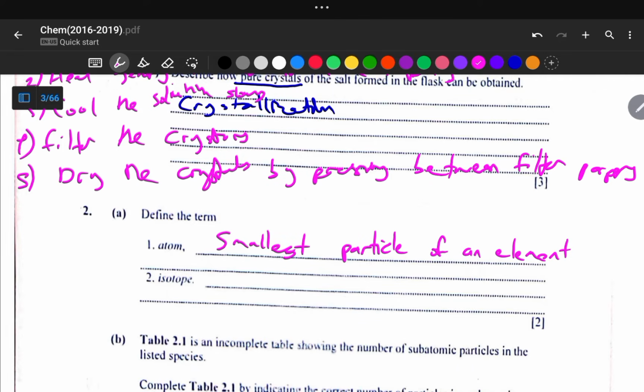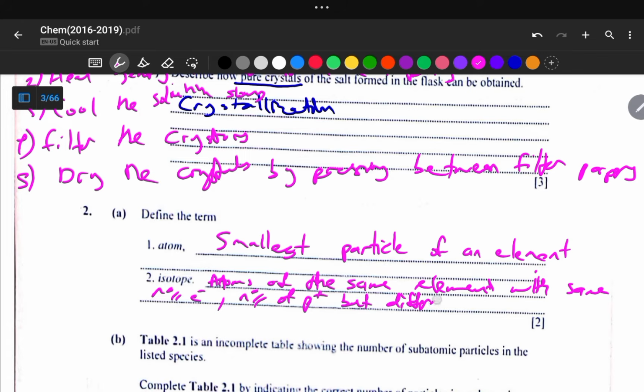And then also isotopes are defined as atoms of the same element with the same number of electrons, same number of protons, but different number of neutrons, right?